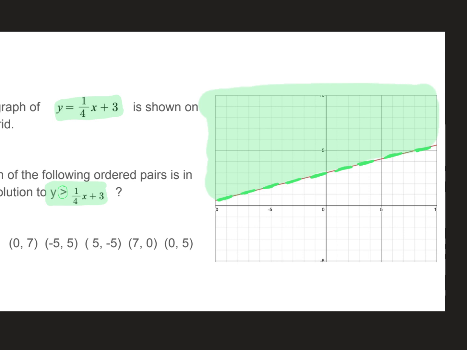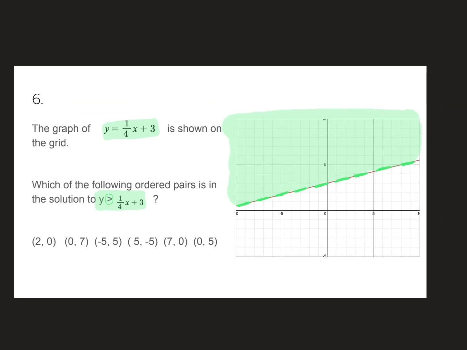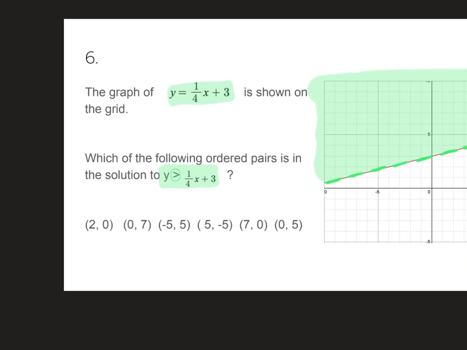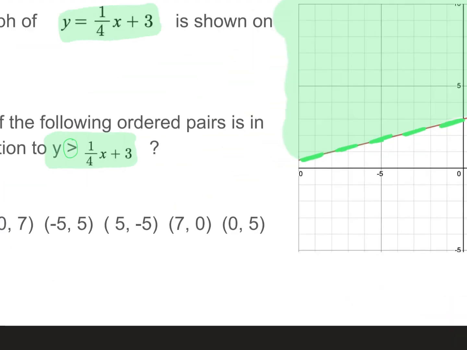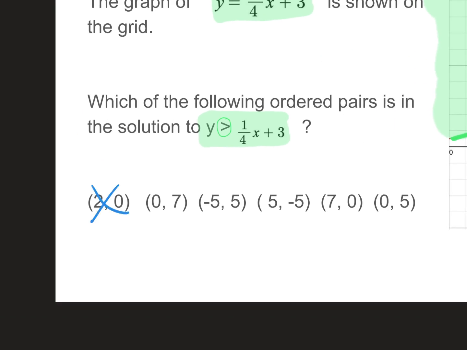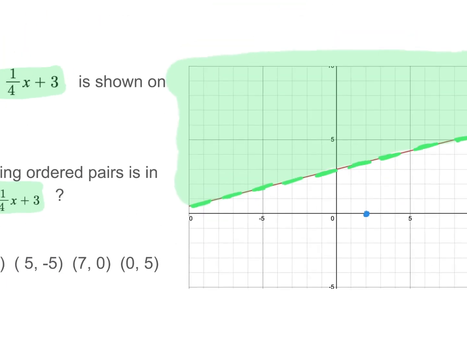Now I'm going to start plotting these points and identifying, is it a solution? Okay, so 2, 0. So over 2, 0. That's not in the shaded region, not a solution. 0, 7.